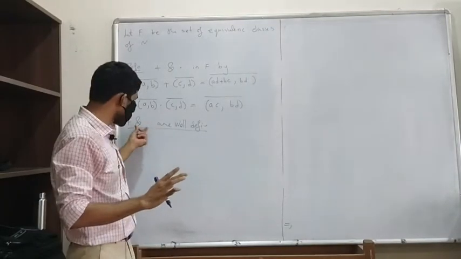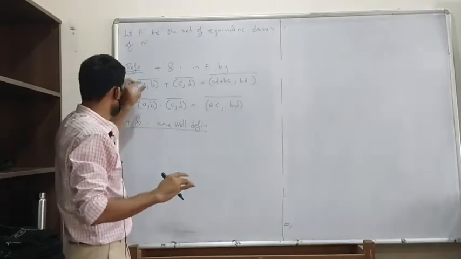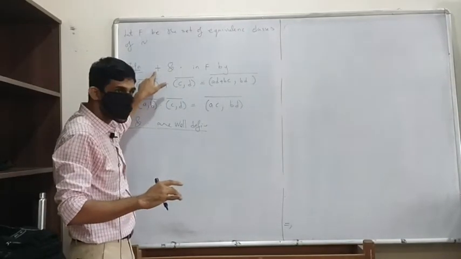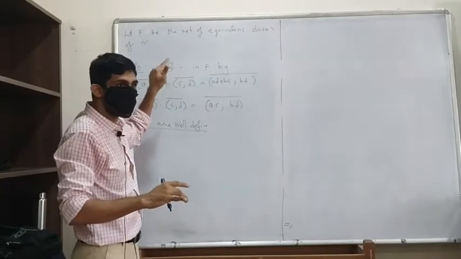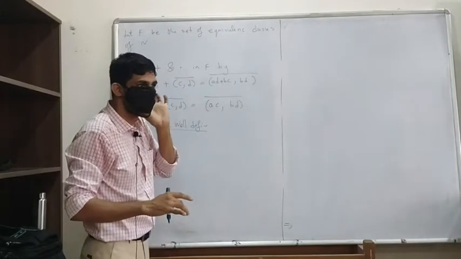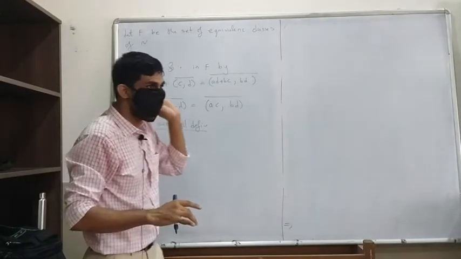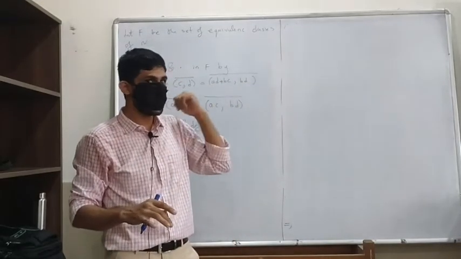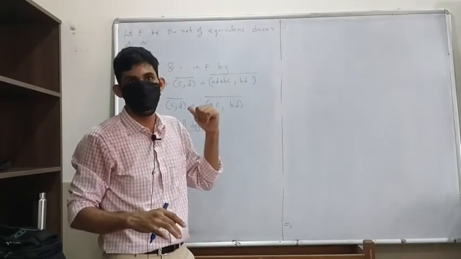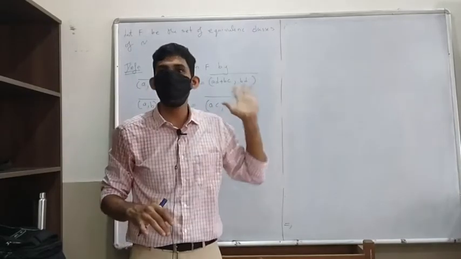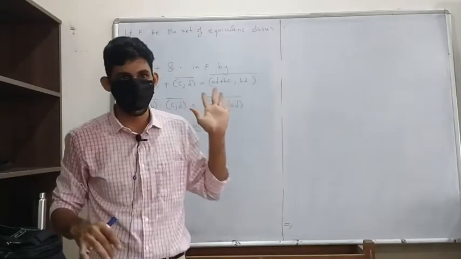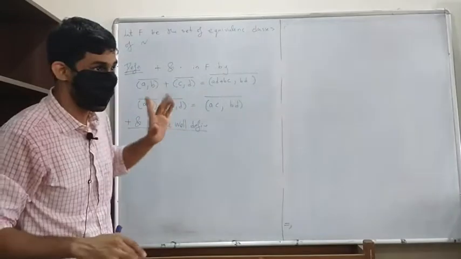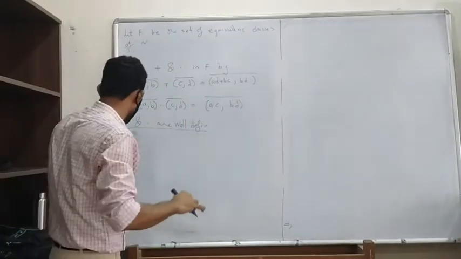So I need to say that this makes sense as a function, that this is a function from F cross F to F. That means irrespective of the representations in F cross F, you better give me back the same thing in F once you multiply. So think properly what we are doing.